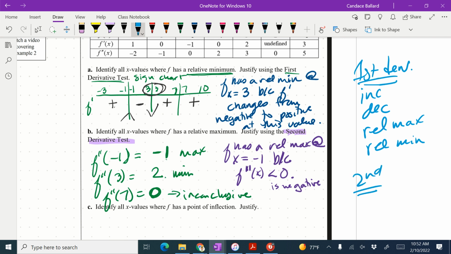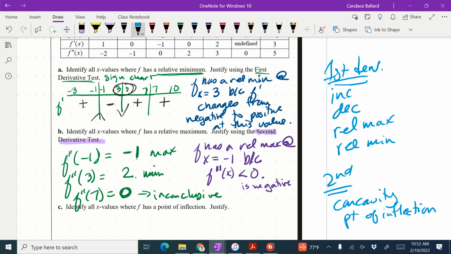Second derivative, that means we get concavity, point of inflection. Okay, you have to know those things. Have to understand that.